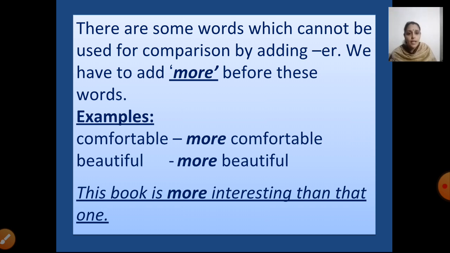Beautiful is written as more beautiful. This book is more interesting than that one. Right? So in comparative degree, we either add er to the adjective, or else we use more along with the adjective. Yes?